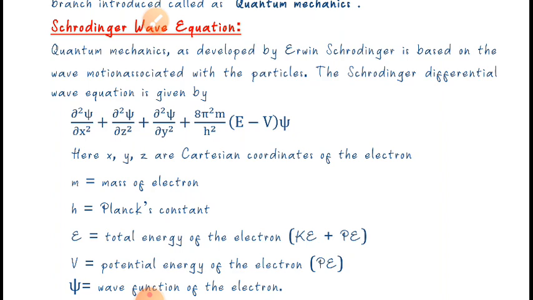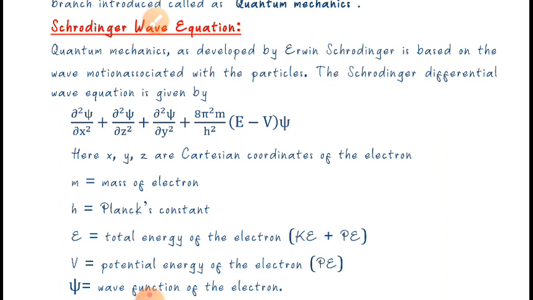According to the Niels Bohr concept, the strictly defined orbits around the nucleus were abandoned when the de Broglie concept of the wave nature of electron and the Heisenberg uncertainty principle came into light.